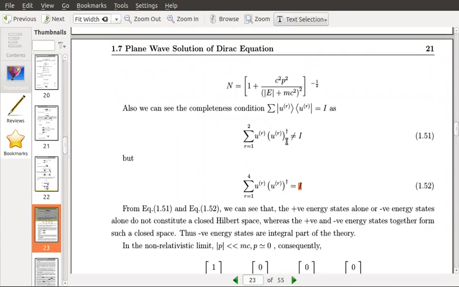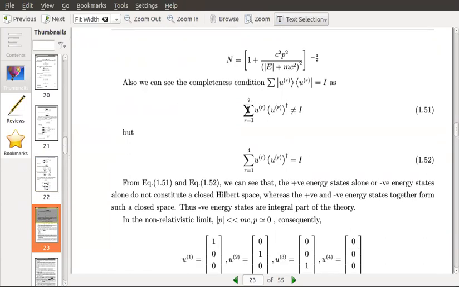Okay, so what is the meaning of this? When you take only the summation over r equal to 1 to 2, completeness is not satisfied. When you take r equal to 1 to 4, all the 4 states, completeness is satisfied. But completeness is an essential requirement of quantum mechanics. Space should be complete. I think you remember that idea.